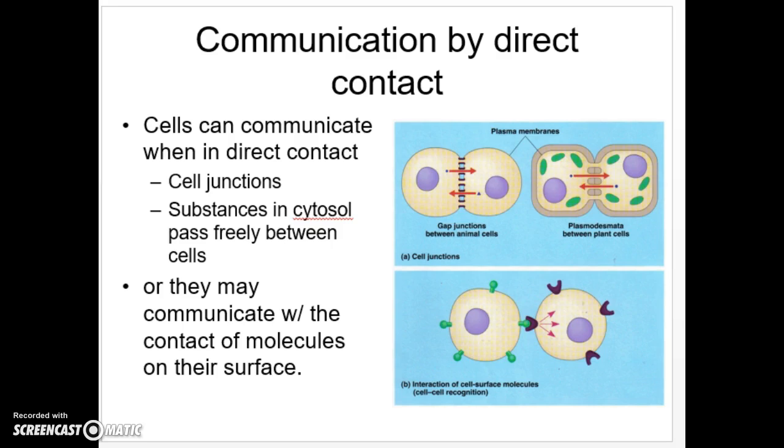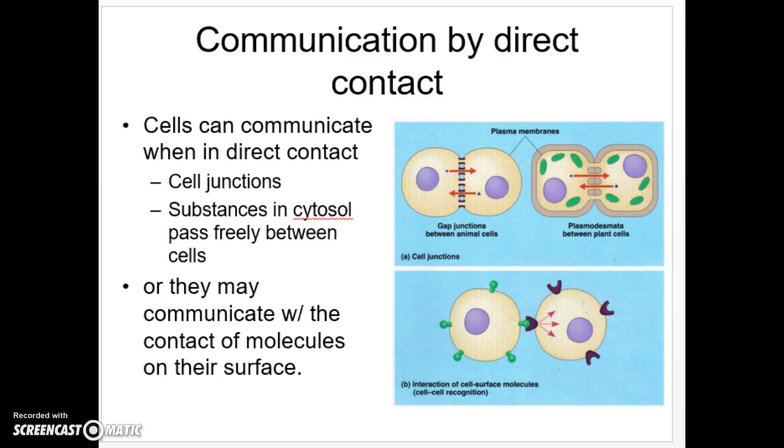Where this gets into communication is these types of junctions, adherent junctions, actually seem to be involved in what's called contact inhibition. So cells have the ability to communicate with each other through contact. And when there is contact, that sends a message to the cell to stop dividing or to stop growing.